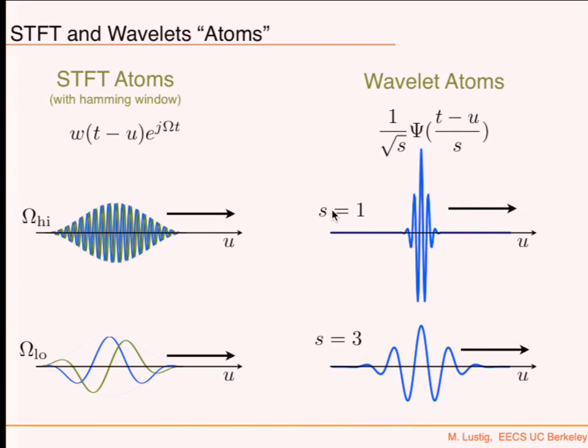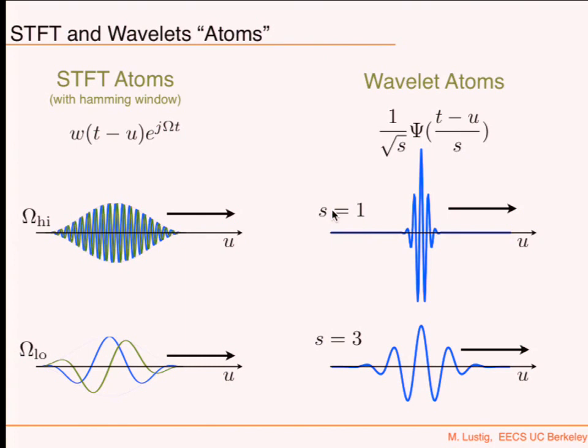And then if I want to go, so now instead of changing the frequency within a constant size window, what I'm going to do is stretch this particular signal. I'm going to stretch it. And here I stretch it by a factor of 3. Okay? So for S equal 3, the scaling, I'll get this function.